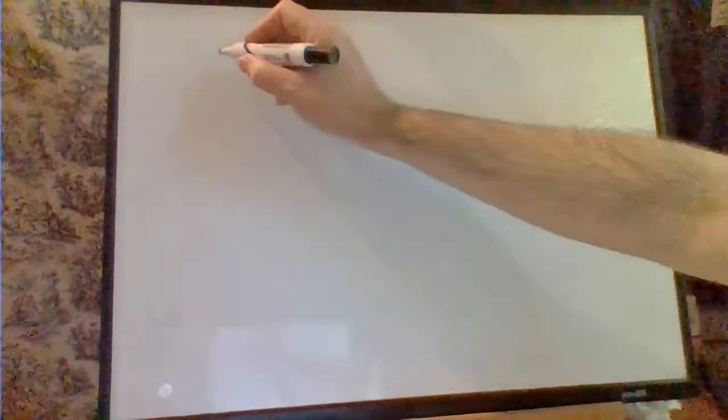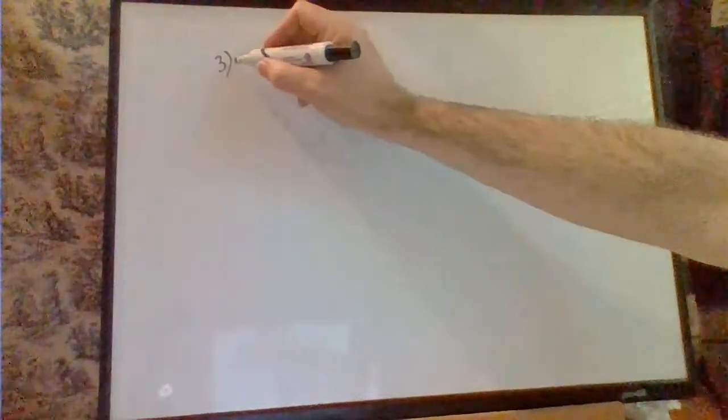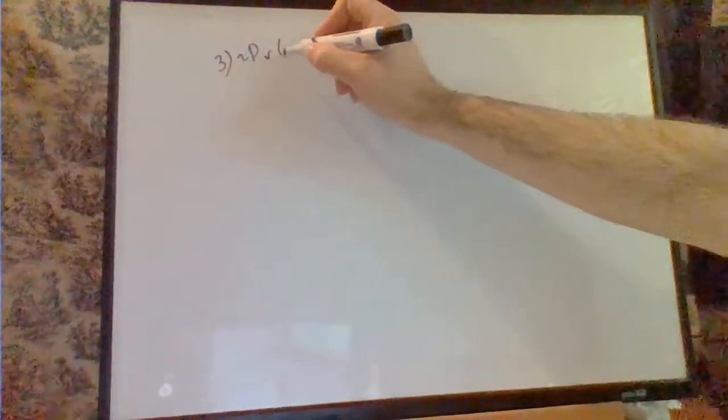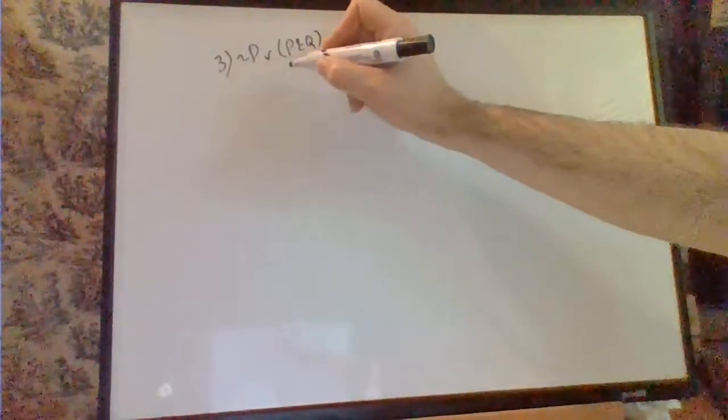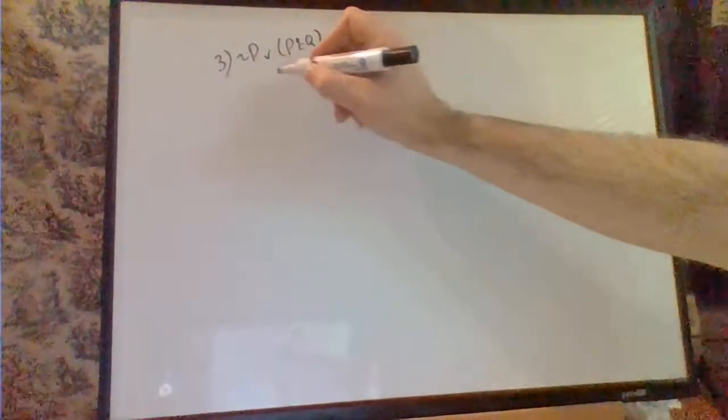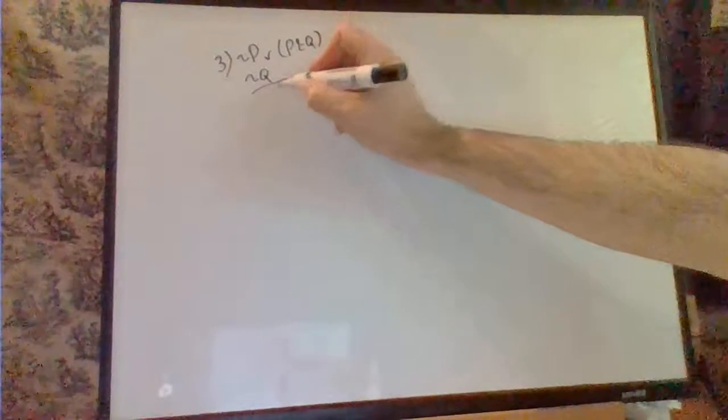So you're either going to be creating 4-line or 8-line truth tables. But anyway, I'm just going to take number 3 here to start with, which says not P or P and Q. Not Q, therefore not P. So that's the argument there at number 3.